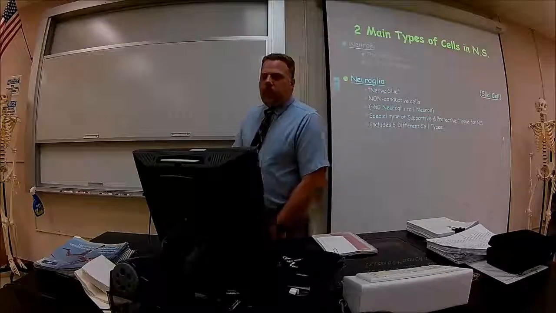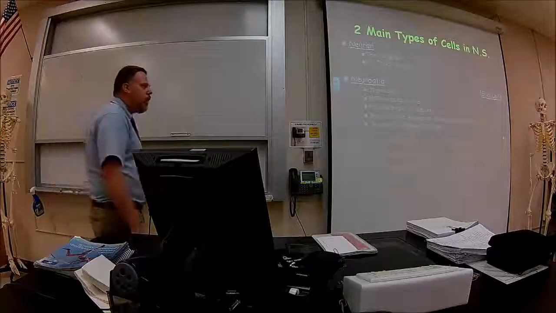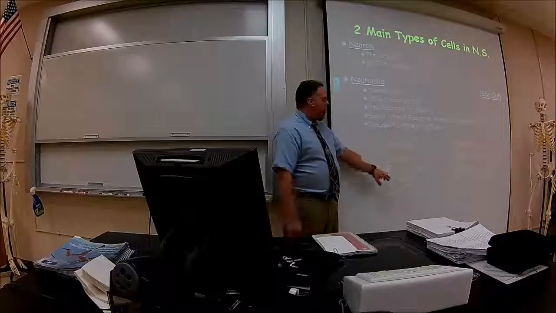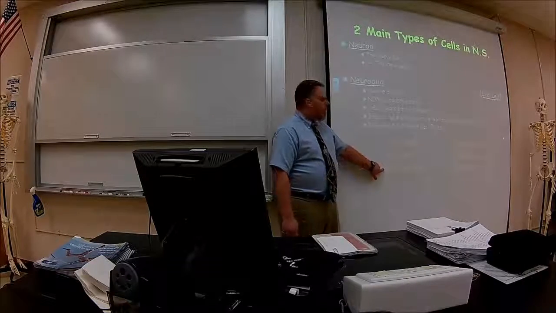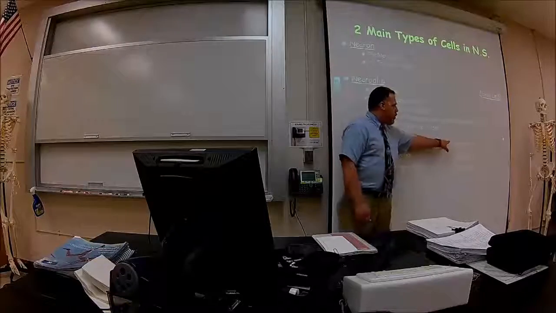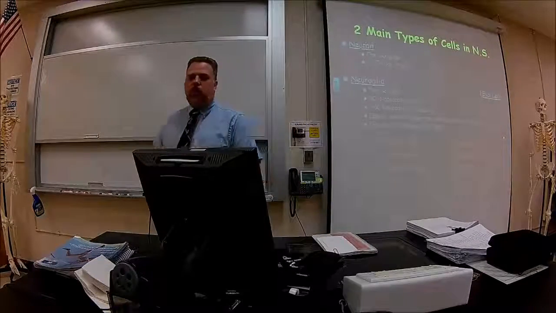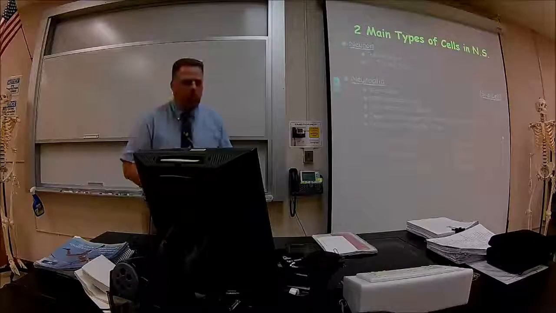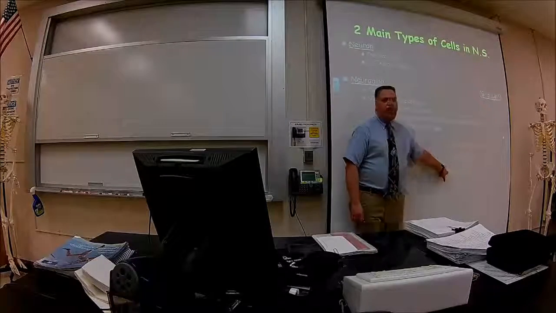Now we have 6 different types of neuroglia, and we're going to get into them. We have astrocytes. I'm sorry it's very dim, but you'll see them on the next few slides. Astrocytes, microglia, Schwann cells, and epidermal cells. Those 4 that I just named are located in the peripheral nervous system. Then we have oligodendrocytes and satellite cells.